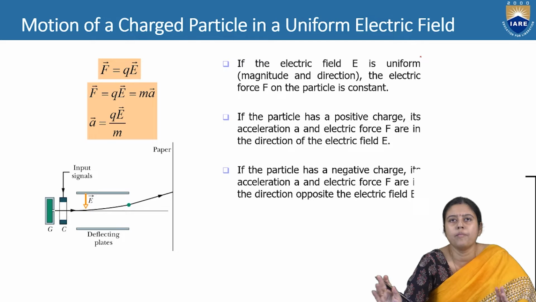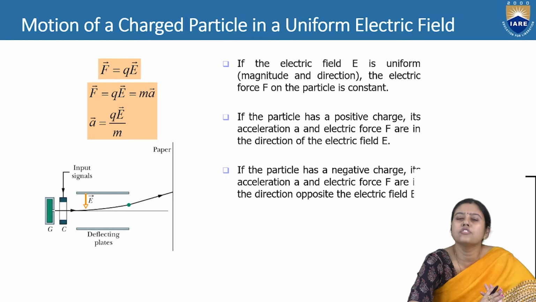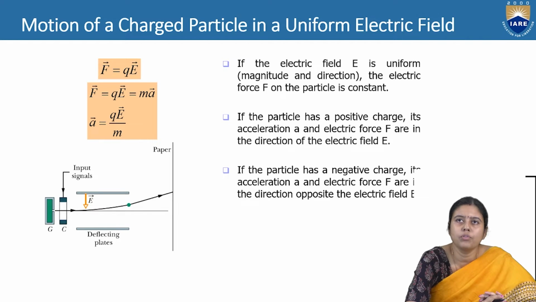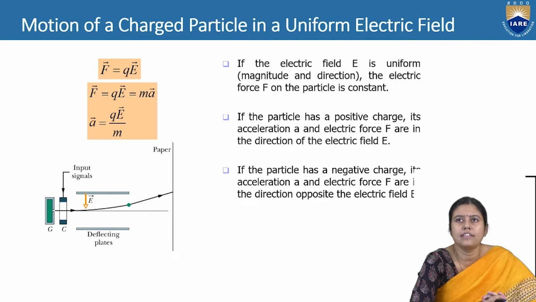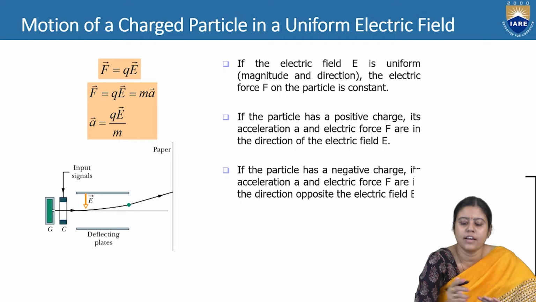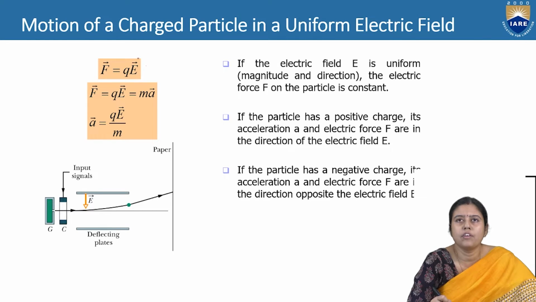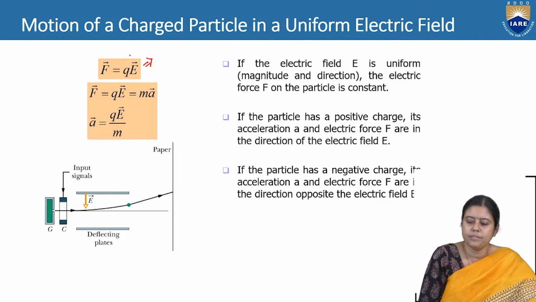Generally the electric field is not uniform, but for simplicity, in the ideal case, we take the electric field E as uniform in magnitude and direction. The electric force F on the particle is constant. F is equal to Q into E, where E is the electric field and Q is the charge.